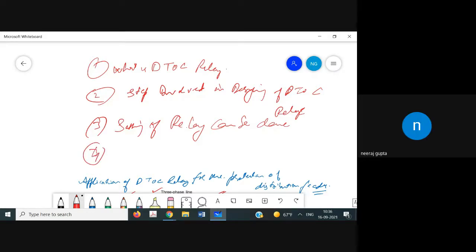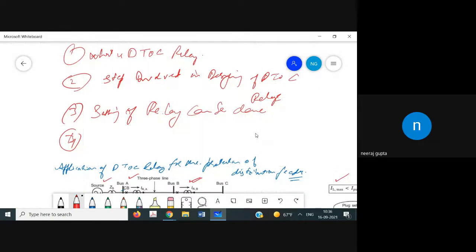Fourth is how to select the pickup value of the relay and the operating time of the relay.